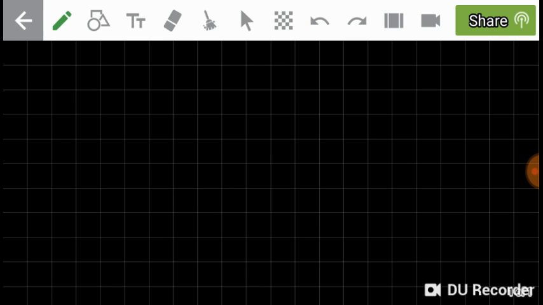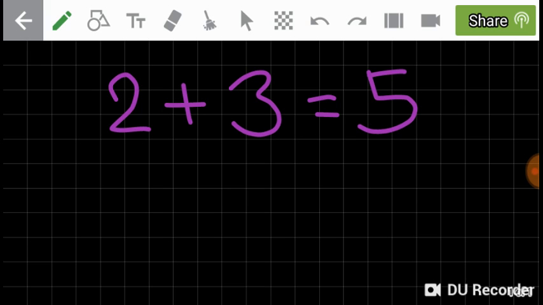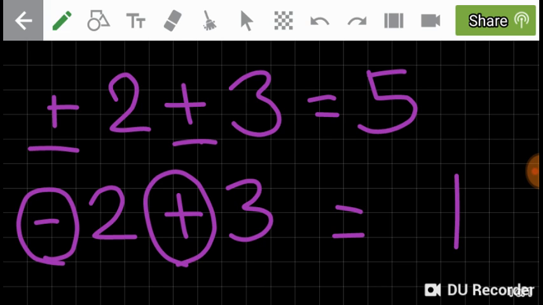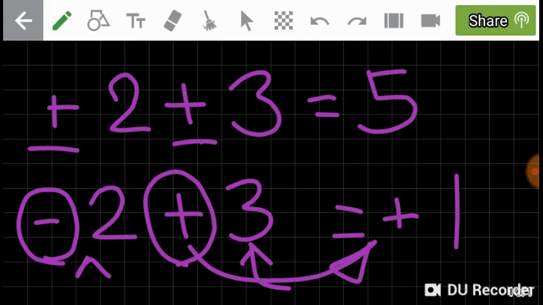To review, in type 1 we did when both the numbers are positive. In type 2, when one is positive and the other is negative, we subtract the numbers, and whatever is the greater number, the answer will take that sign.